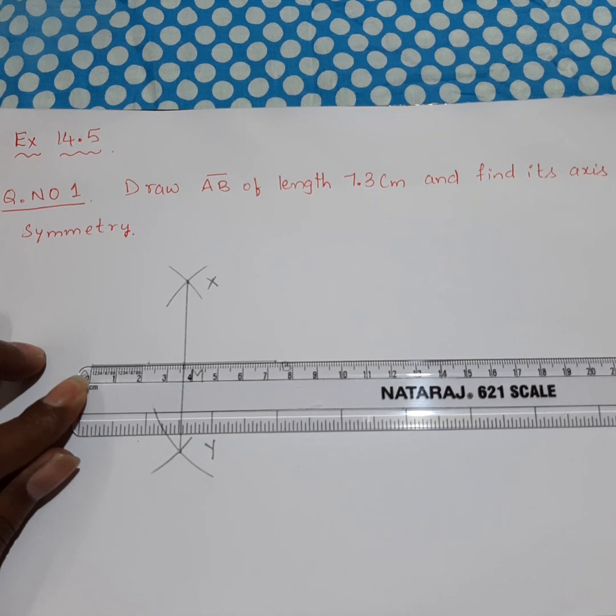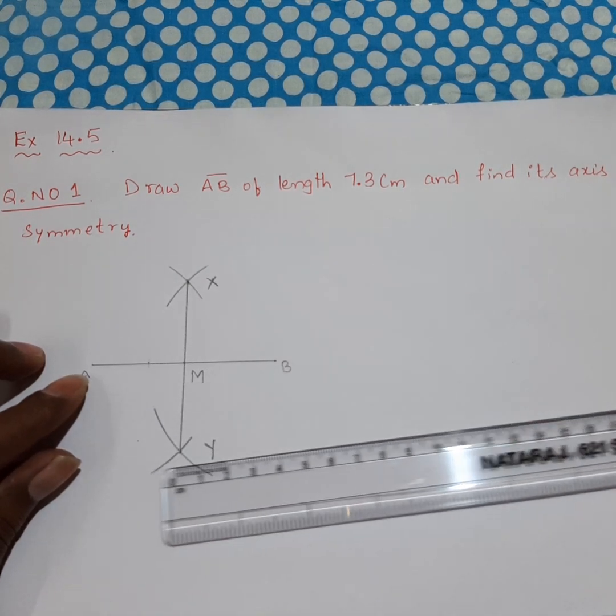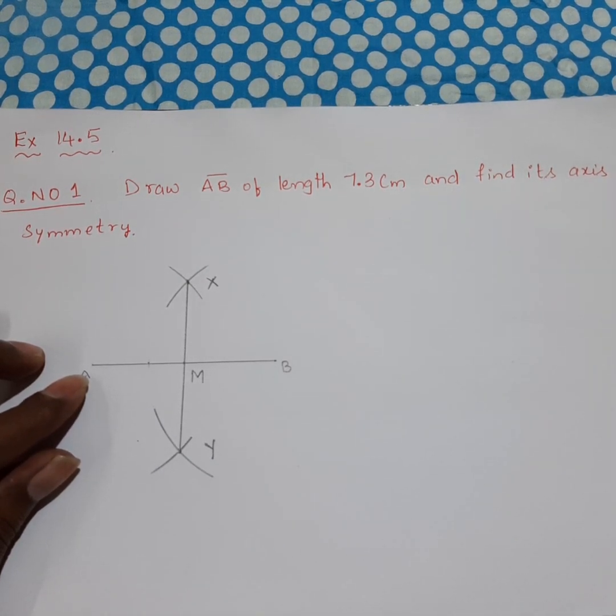So 3.65. The length of AM is equal to 3.65, and the length of MB is also 3.65. Clear? So M is exactly the middle of the line segment AB.